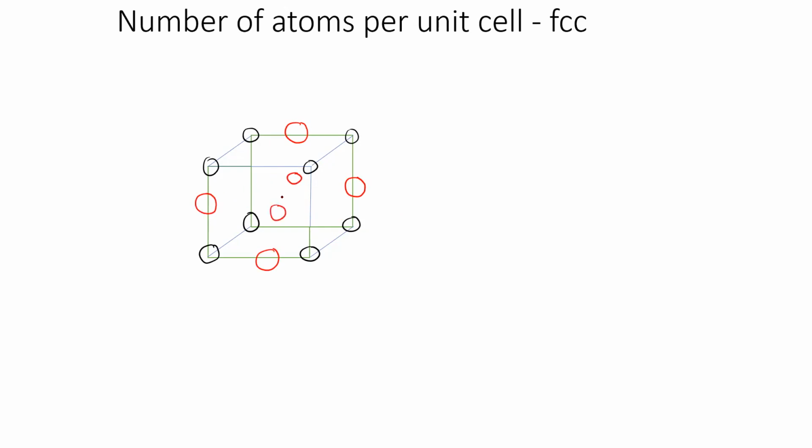If you have another unit cell, what about the share of this atom? 1/2 will be shared to this particular unit cell, another half will be for the nearby unit cell. So for this particular unit cell it is 1 by 2, and for the other unit cell it is 1 by 2. Is that clear?